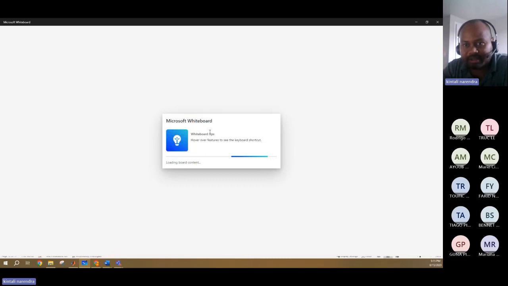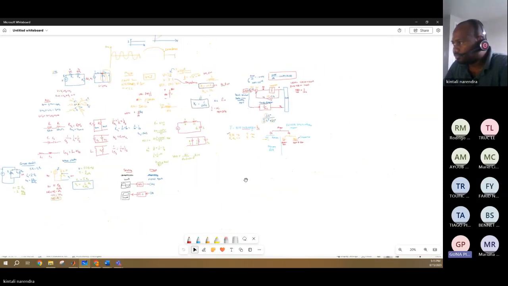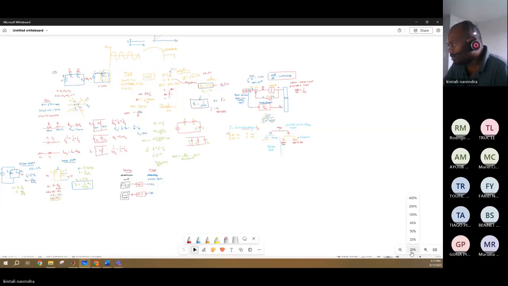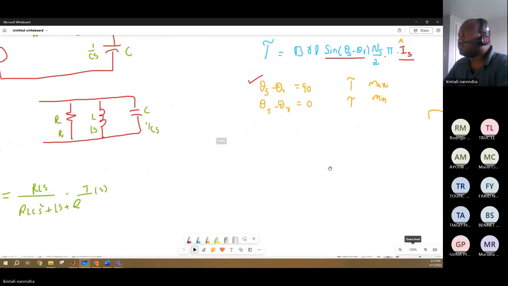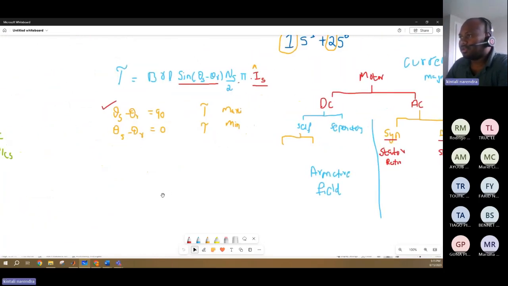B is the magnetic flux. I is the current, not the gap between the rotor and the stator. L is the length of the rotor, the winding length, how far it is wound.